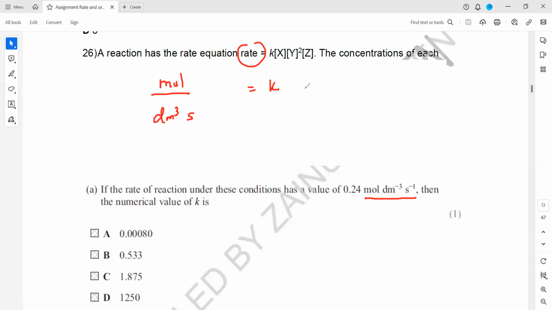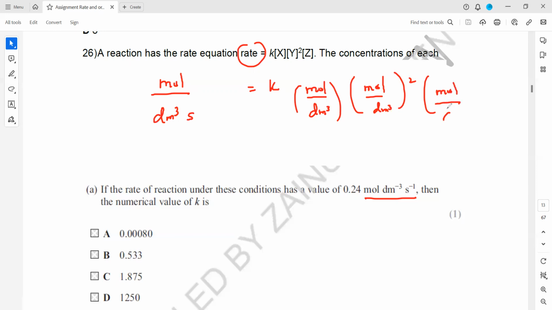The unit of concentration for X is moles per decimeter cube. Then the unit of concentration of Y is also moles per decimeter cube, but this one is squared. And the unit of concentration for Z is moles per decimeter cube.